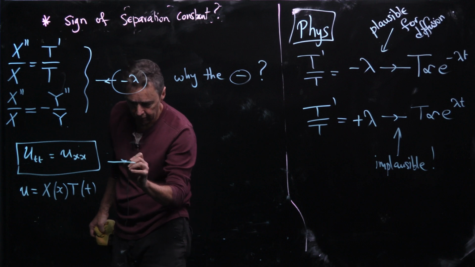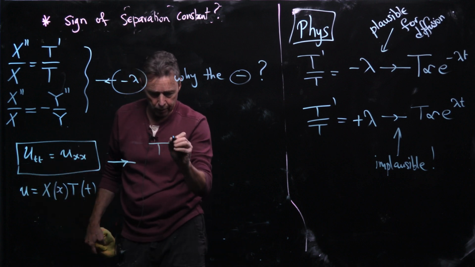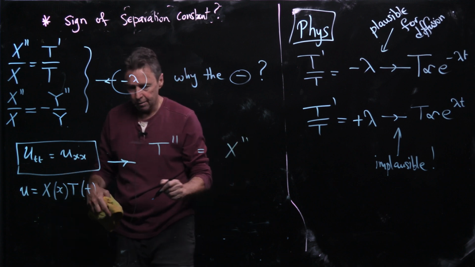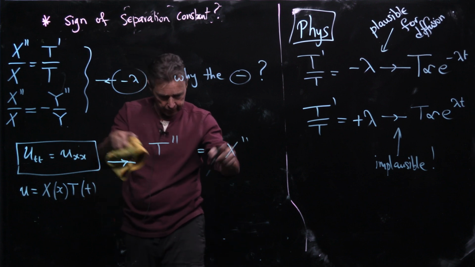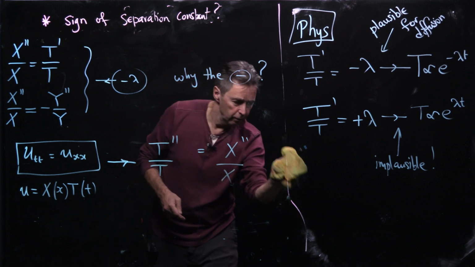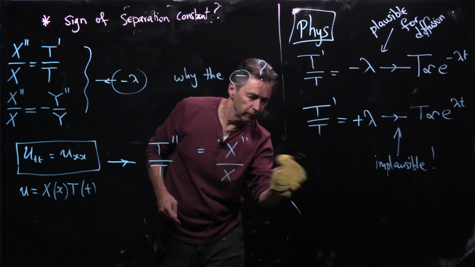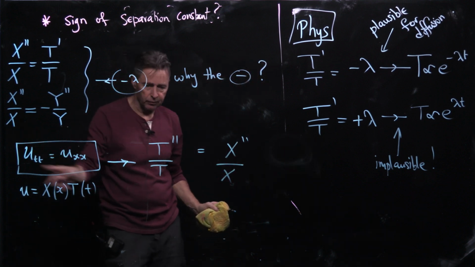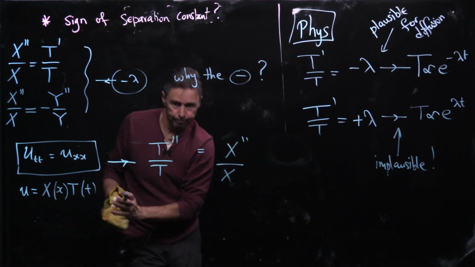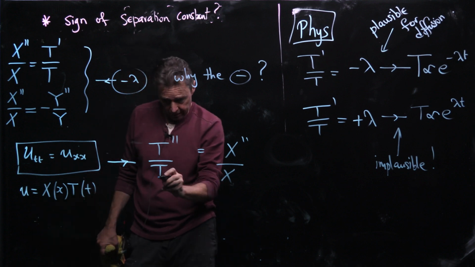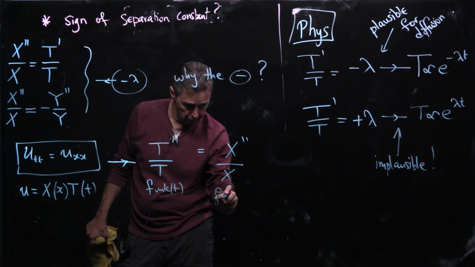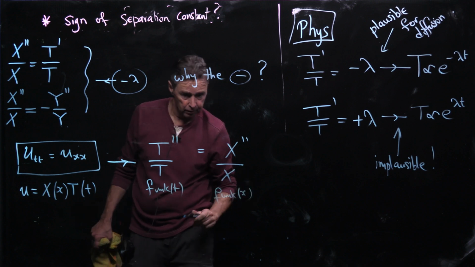We end up with T prime prime from there, X prime prime from there. This one had an X with it, that one had a T with it, so we divide by those. And I get that. Right, that's from separating variables, plugging that into there, and dividing by big X and big T. That's usually what you do in all of these problems. So that's the function of T. That's your function of X.